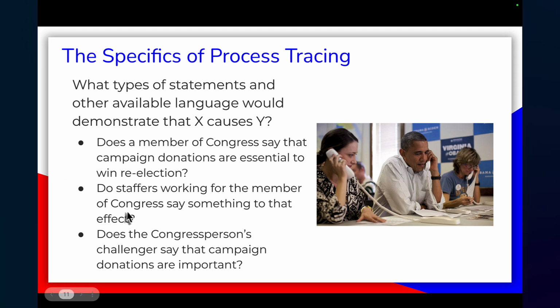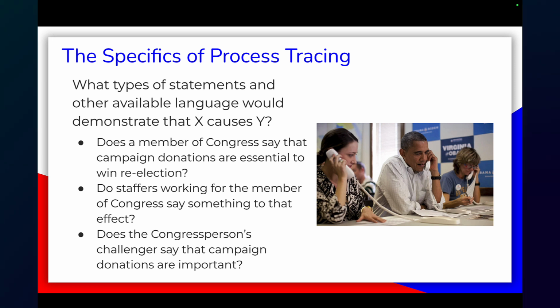You might also think about how campaigns are not just run by the member of Congress, they're also often run by staffers. So do staffers working for a member of Congress say something to that effect? And then finally, does the challenger, the person that they're competing against, say that campaign donations are important, are pivotal to the success or perhaps failure of their campaign?